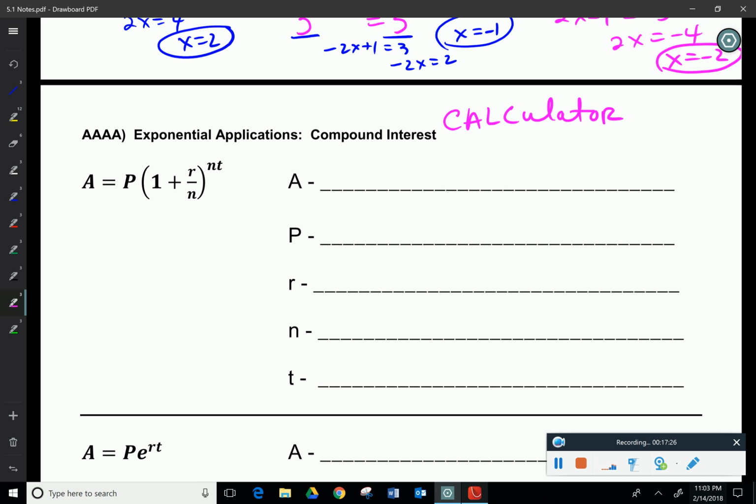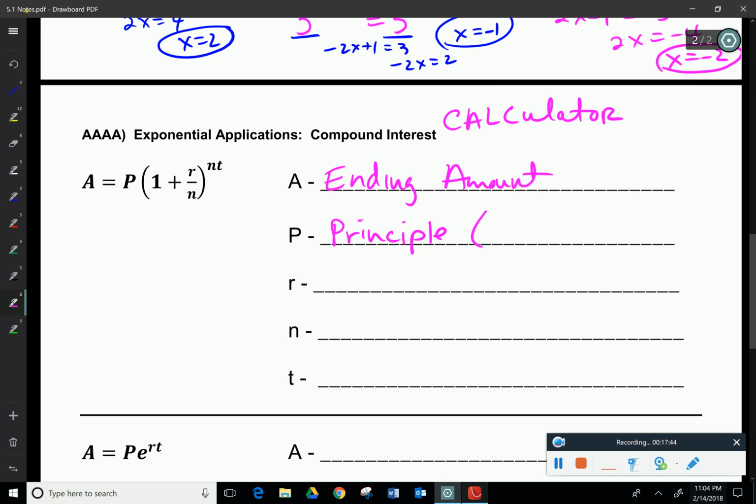So basically, you need to know A represents the ending amount, or your account balance. So I'm just going to say ending amount. Okay. P stands for principal. That means it's the amount you start with. So it's the beginning amount. Okay.